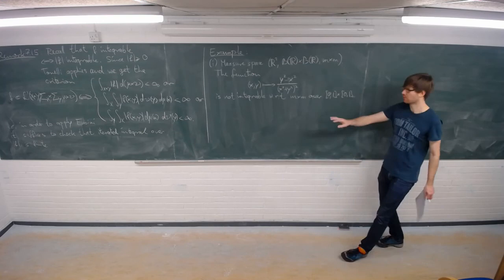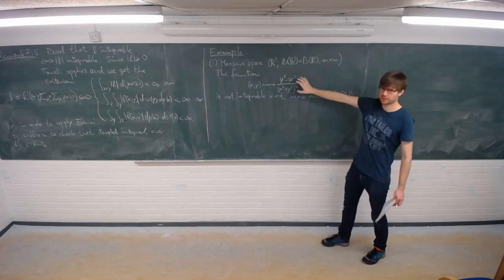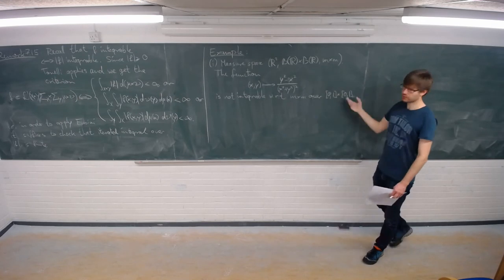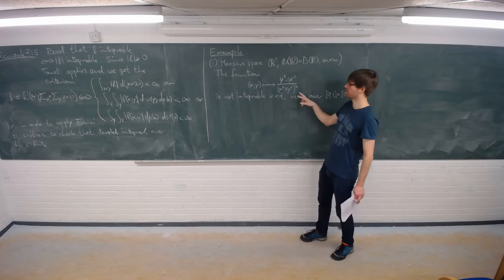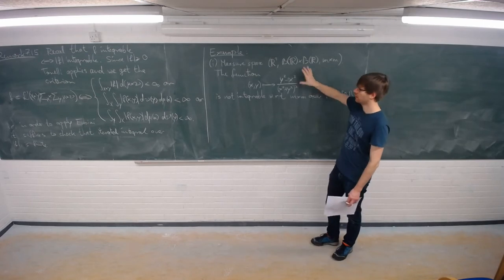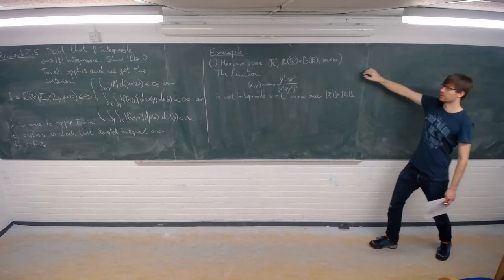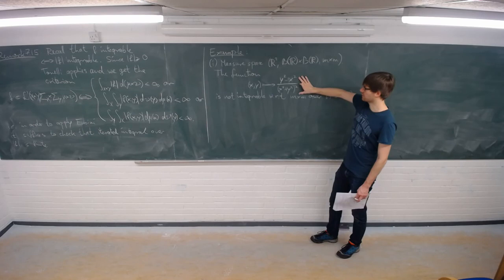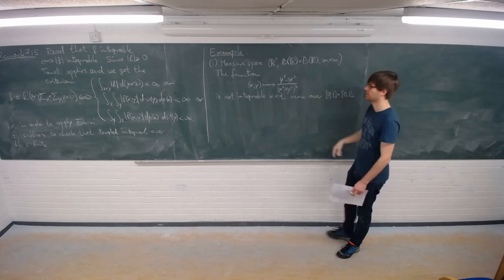Just to remind you, last time we started the section with this example, and we computed the two iterated integrals in x and in y. And then we swapped the order of integration, and we got different results. And then we wrote down the theorem of Tonelli, and we noted that Tonelli does not apply to this function, because this function can become negative because there's a minus sign in front of this x squared, basically.